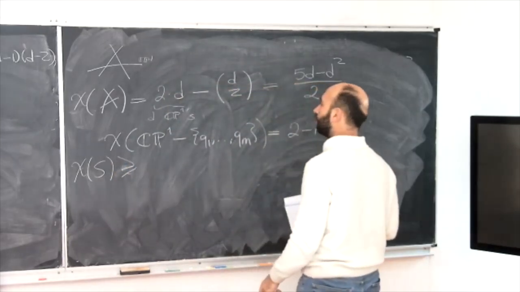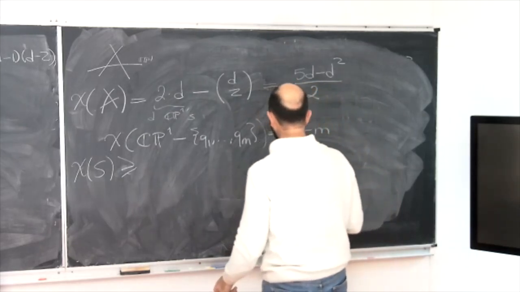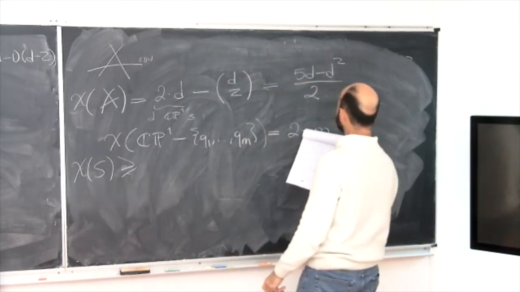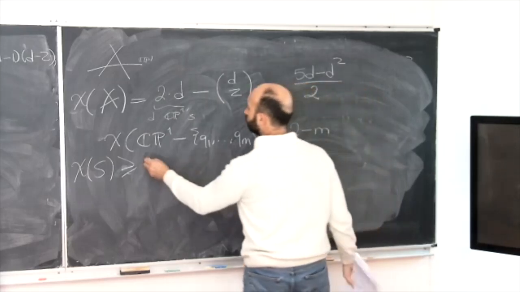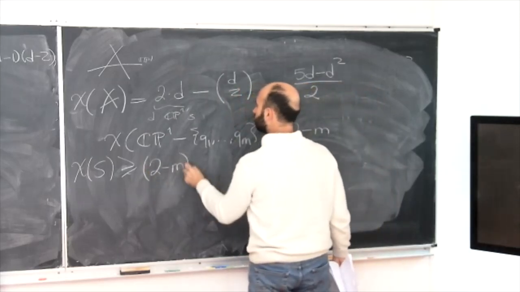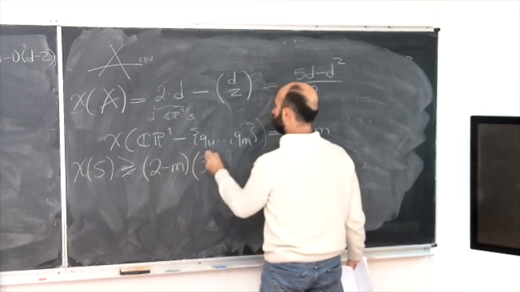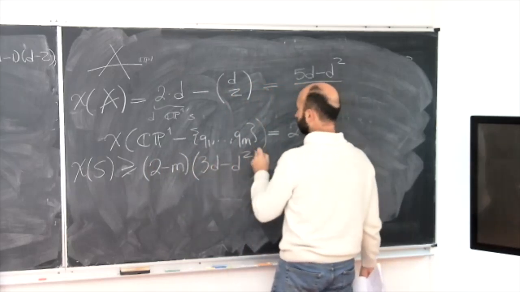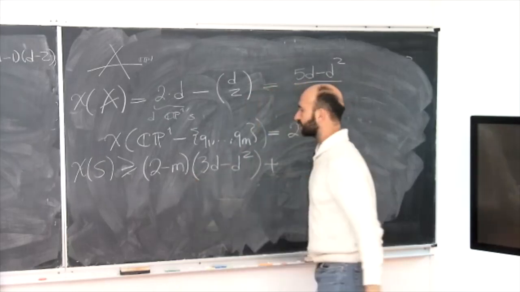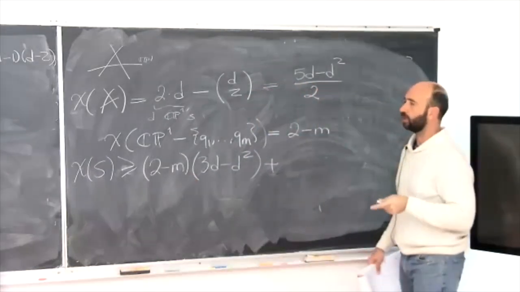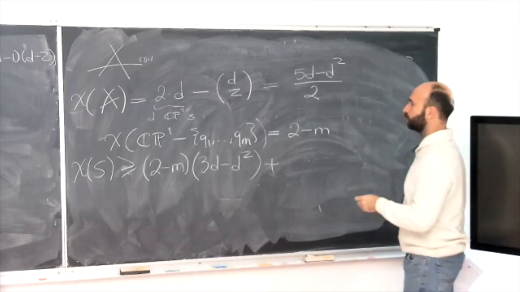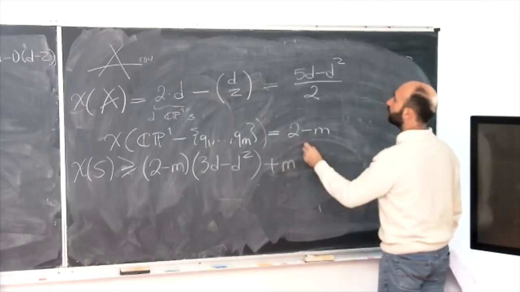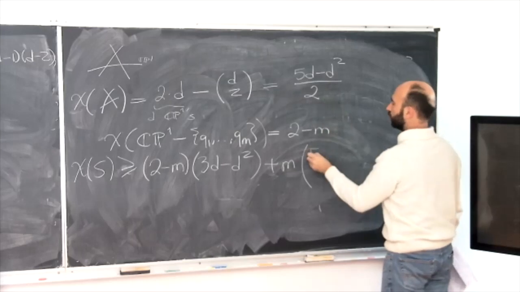If all the other fibers except these m very special fibers were smooth, that would contribute (2 minus m) times (3d minus d squared). But potentially, due to other nodal singularities and other things, it could go even higher. So this is the least possible. And for these m special fibers, this is the least that we can have.